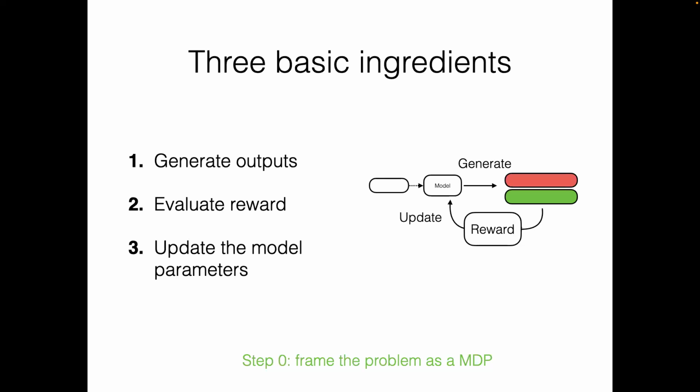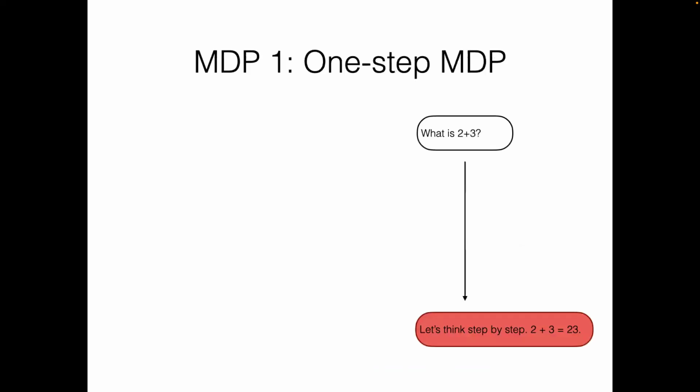The first one is actually really, really simple. One option is to view text generation as being just one action. You might call it a one-step MDP. Here you basically have just two different states. The first state is just your prompt, and the final state is your prompt plus the response that was generated.